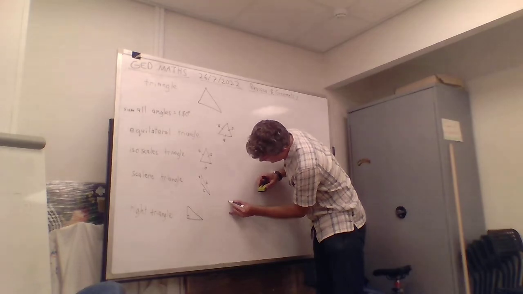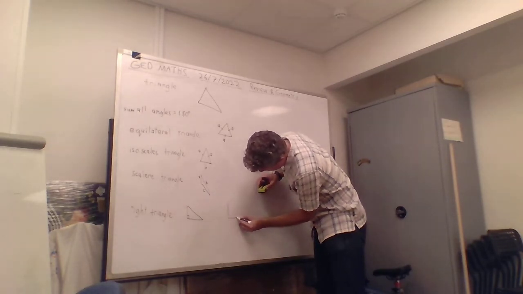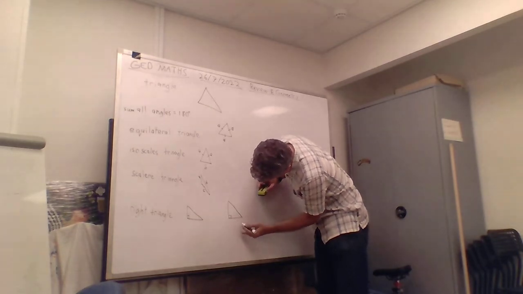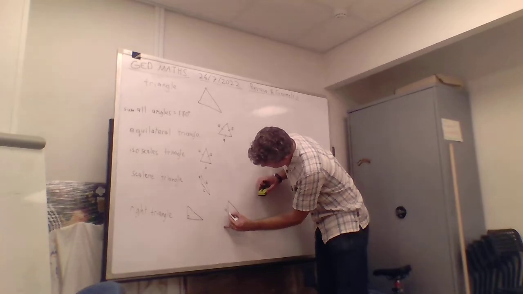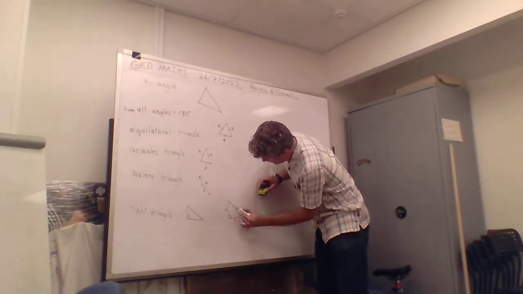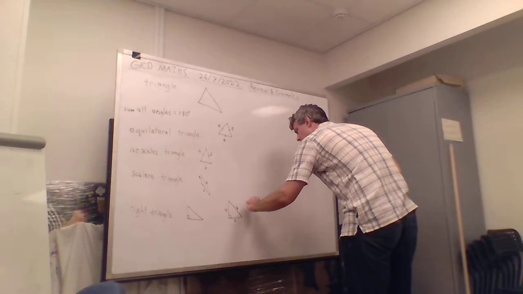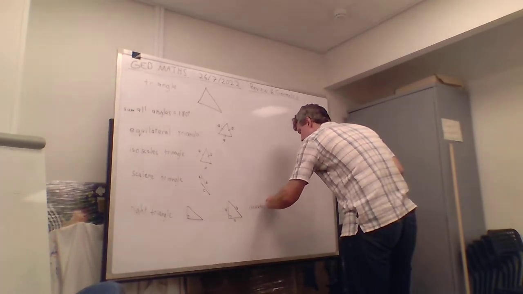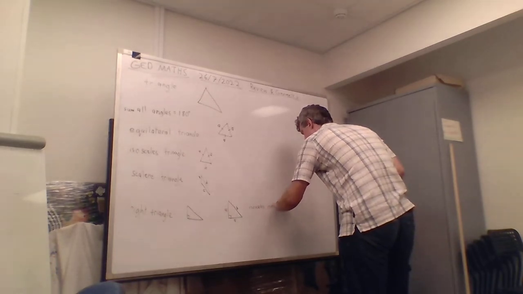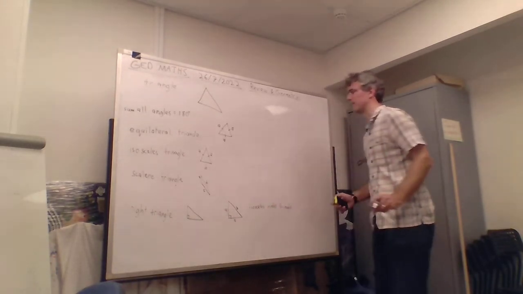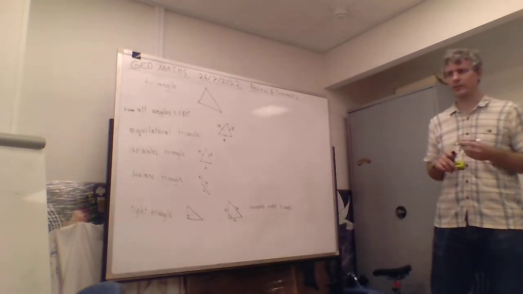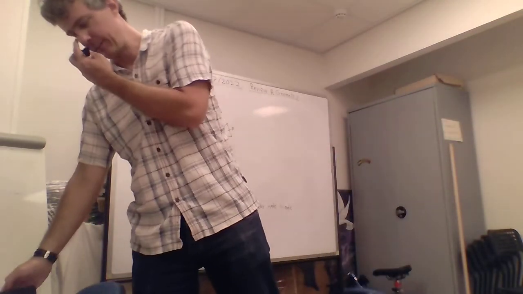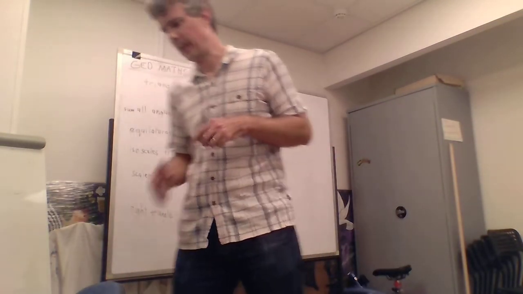Not quite a right angle. You know what? Let me do it like this. There. That's about right. So this would be an isosceles right triangle. So the thing is, with these, you can also use them to calculate the angles, right?